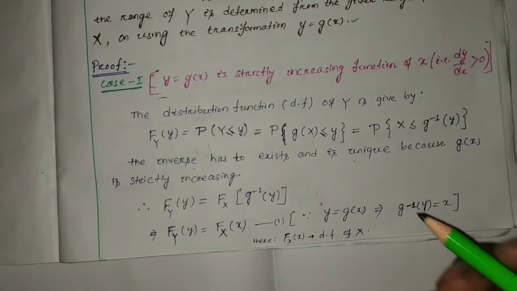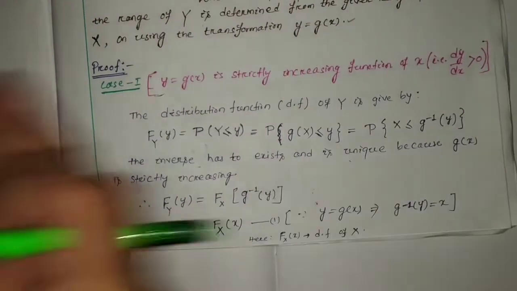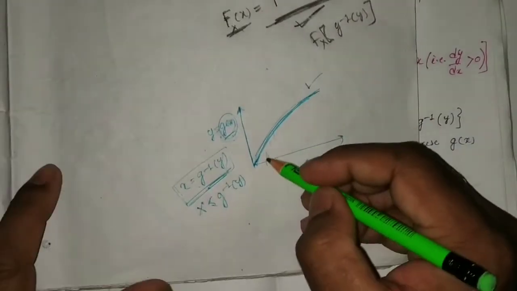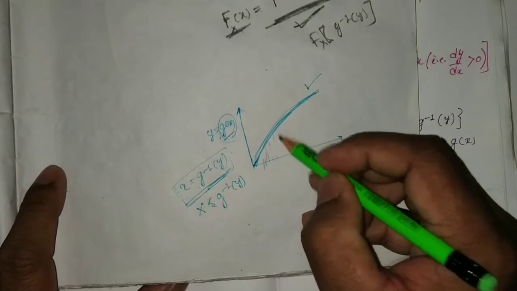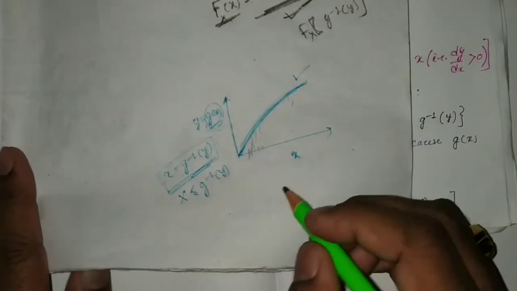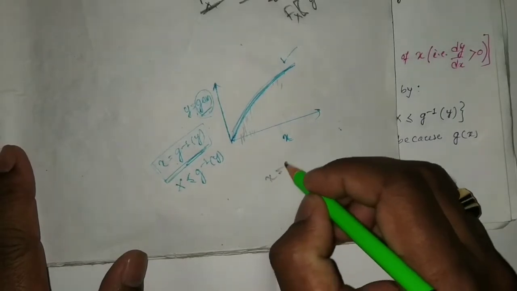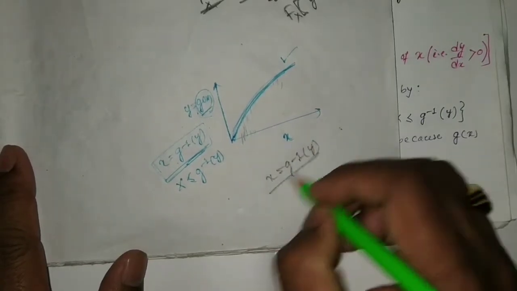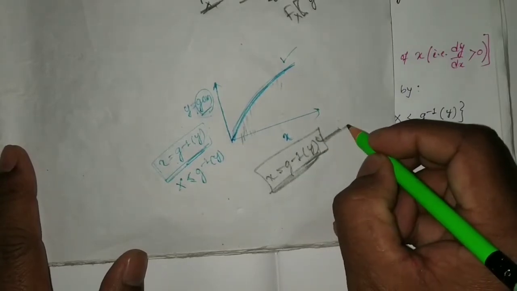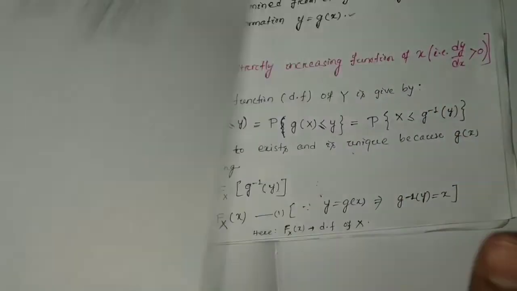If g(x) is continuous and differentiable at any point, there is no discontinuity. For each and every x we have the y value, so its inverse, that means x equal to g inverse of y, has to exist, and it will also be continuous and differentiable, right?